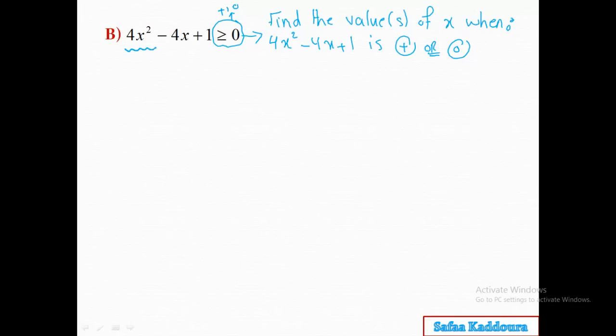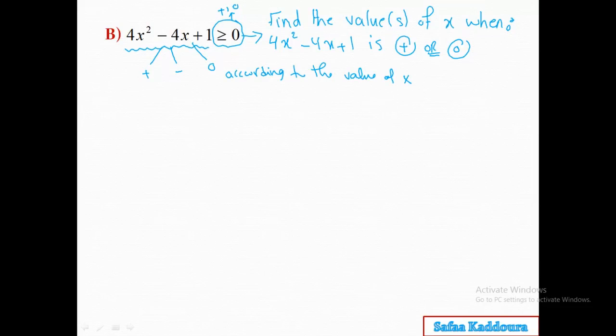I want to remind you that 4x squared minus 4x plus 1 may be positive or negative or 0 according to the value of x. But I don't want all these signs.